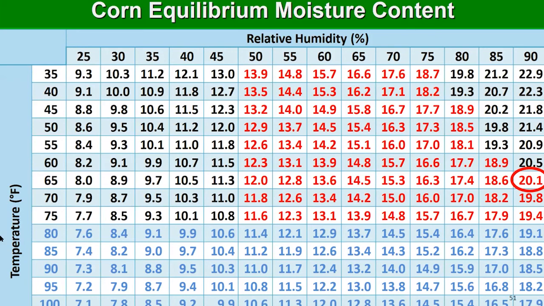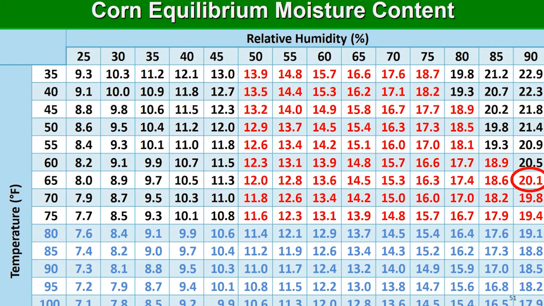When you have the same relative humidity with a known temperature, the equilibrium moisture content would be a number. At the same relative humidity, when you increase the temperature, you are decreasing the equilibrium moisture content.